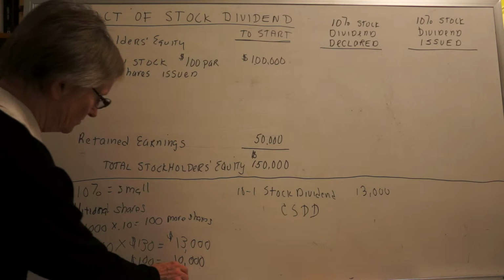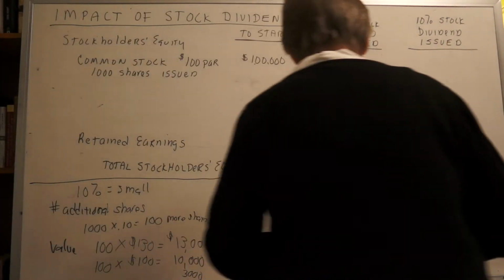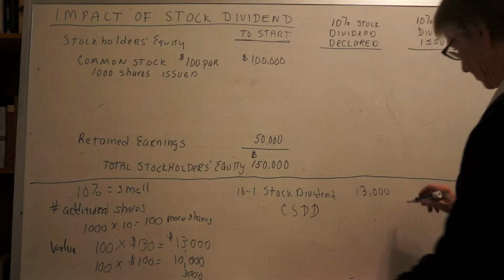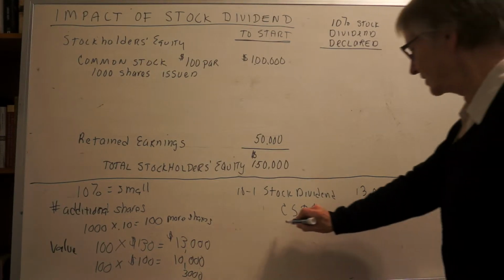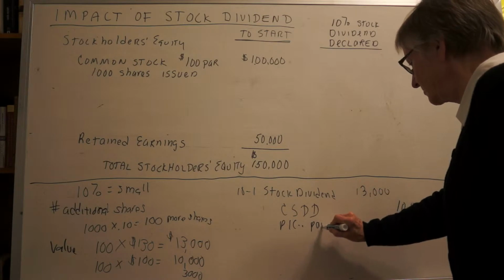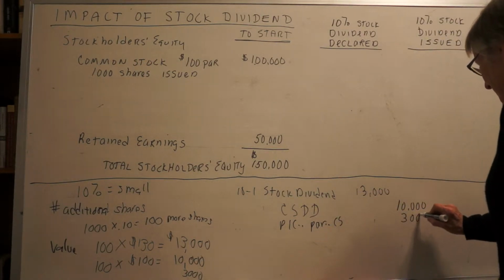And the rest, the 3,000, would be your additional paid in capital. So our common stock dividend distributable is 10,000, and our paid in capital in excess of par value on our common stock is 3,000.